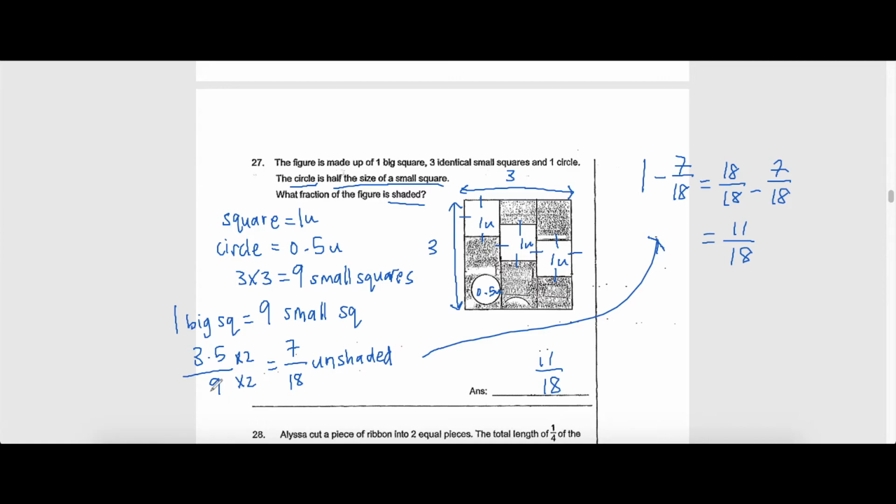Alright, so this is 3 sides of a small square. Since the big square is a square, all sides are the same, that means this will also be 3 sides of a small square. And that's how we are going to divide it. I'm going to try and divide it so you can see it.